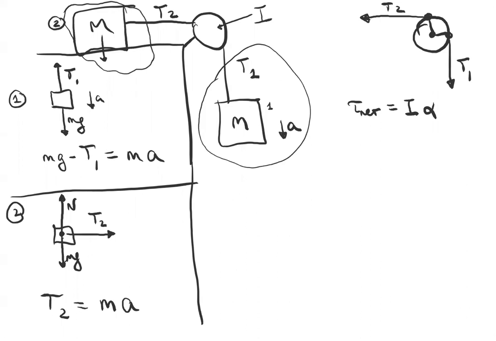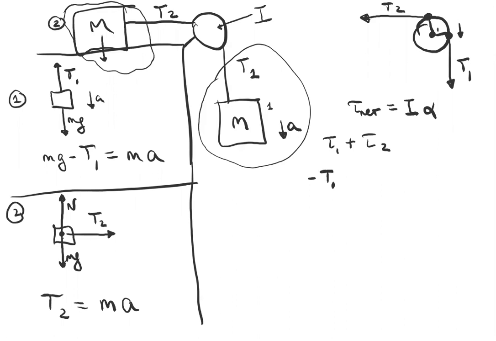Let's think about what my net torque is. I have two forces, so there is the torque of force 1 and the torque of force 2. For force 1, I have a negative sign because force 1 is trying to rotate me counterclockwise, sorry, clockwise. I have force T1.